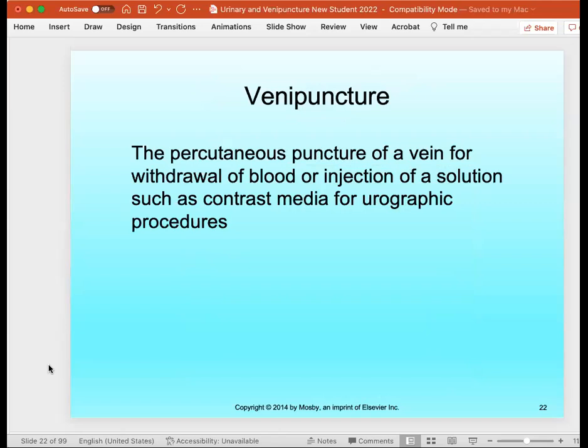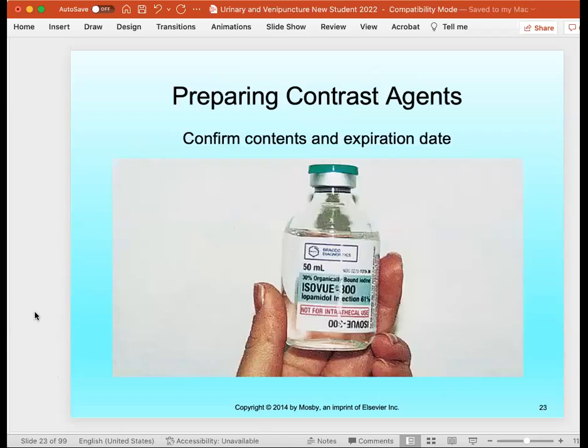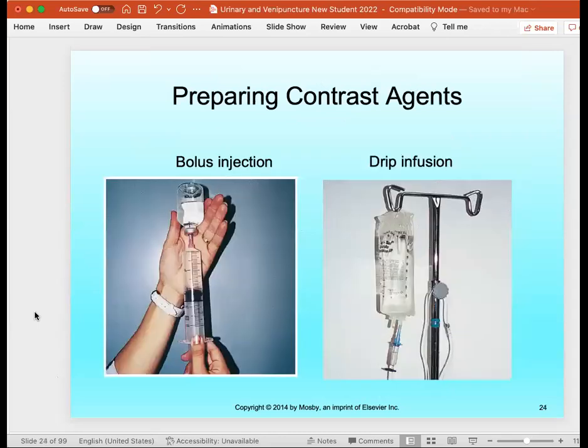Moving on to venipuncture. Venipuncture is the percutaneous puncture of a vein for withdrawal of blood or injection of a solution, such as contrast media. We're going to be using venipuncture for injection of contrast media for these urinary exams. We have bolus injections and drip infusions.